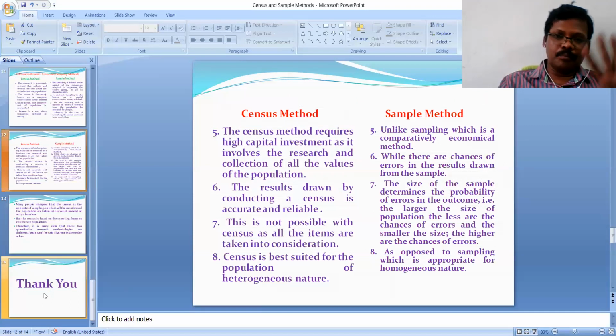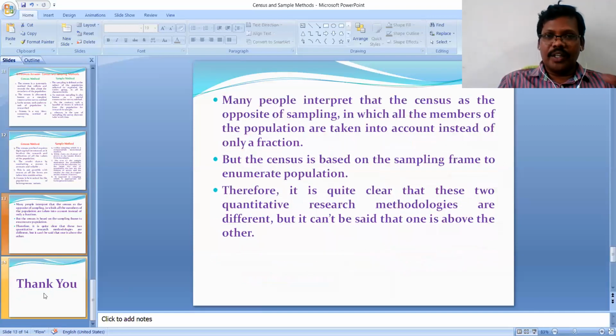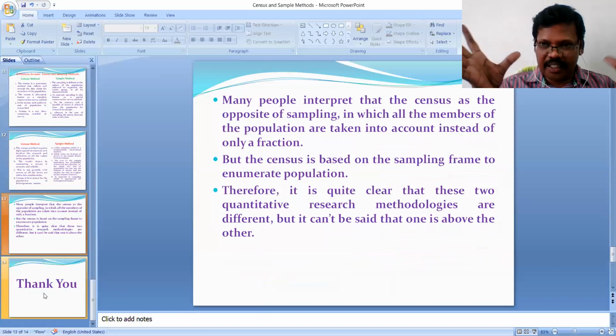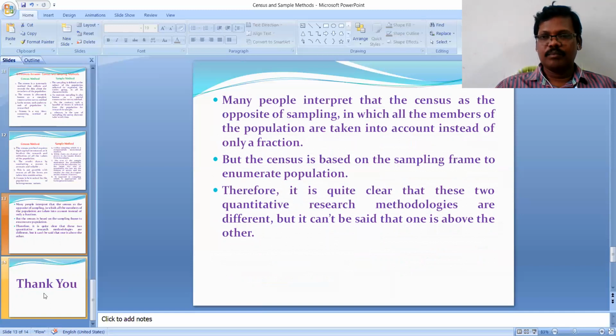But if the population size is very small, of course the census method is better. We can take information from all the people accurately, without any issues.